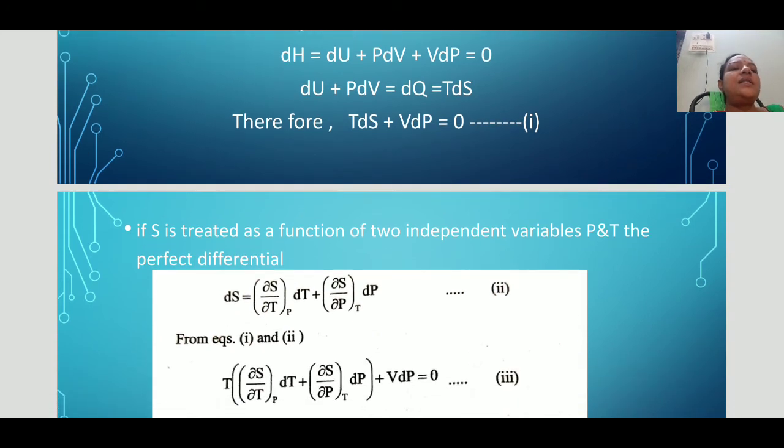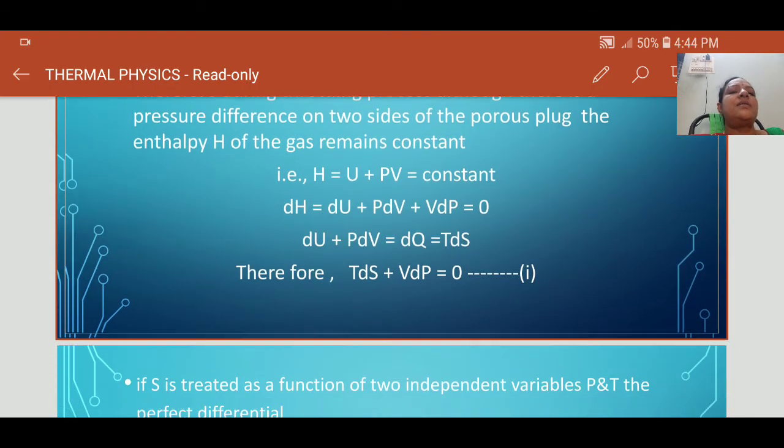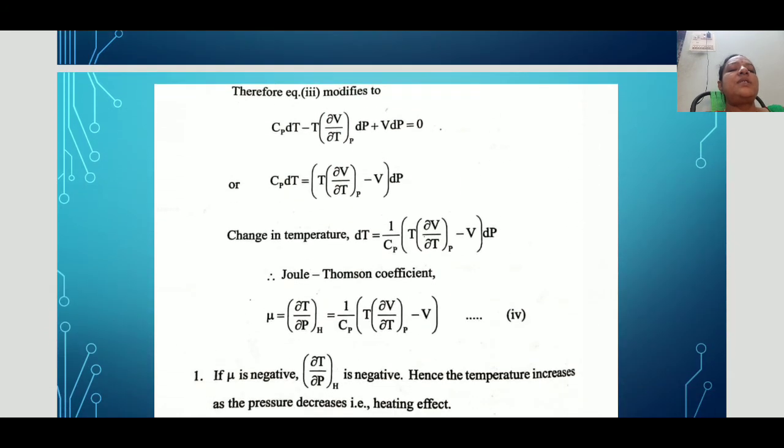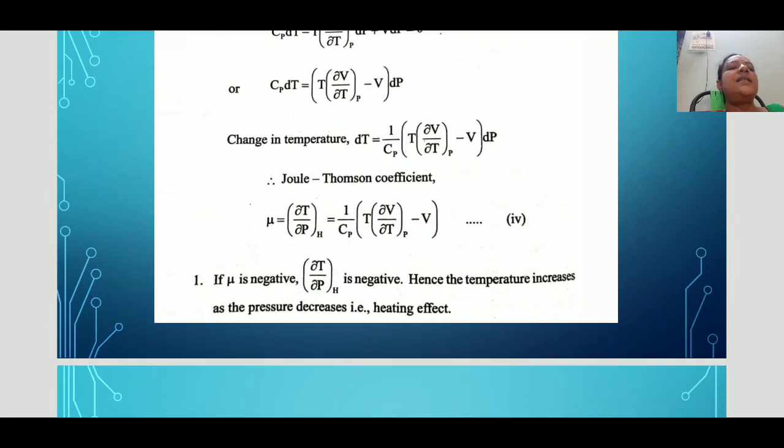After that, we convert this equation into entropy terms. After calculating these entropy terms, we calculate the change in temperature, that is dT.